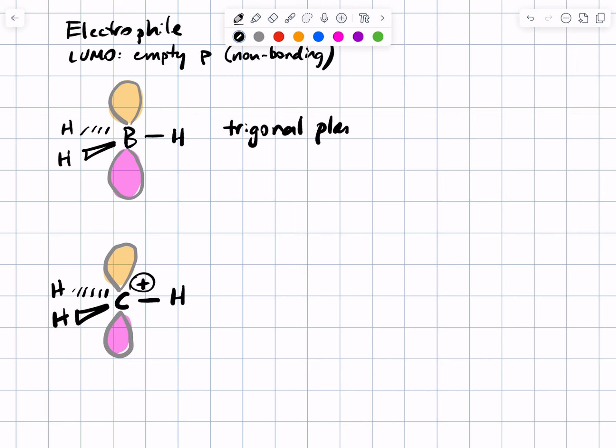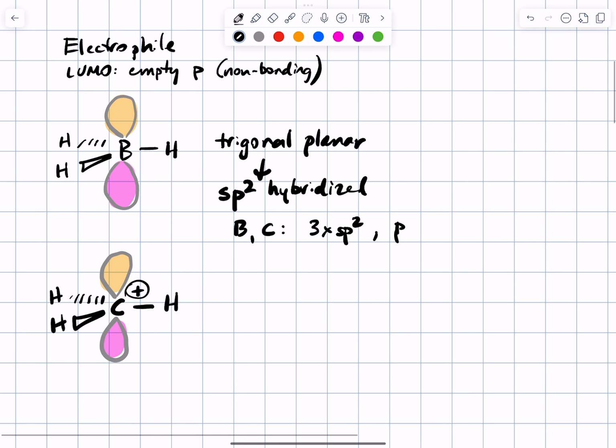They are trigonal planar, that's the geometry, and therefore to explain trigonal planar geometry they must be sp2 hybridized, which means that boron, or carbon, have 3 sp2 orbitals and 1 p orbital left over. Okay, right. So those are 2 situations where you can have an empty p orbital.